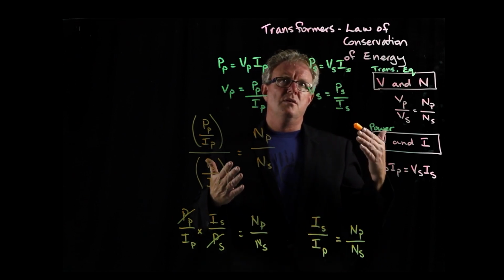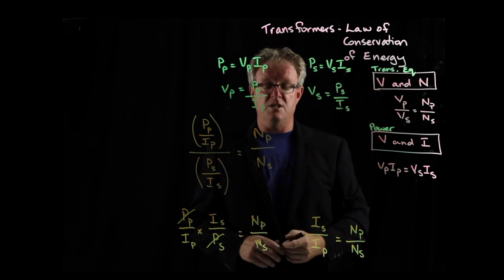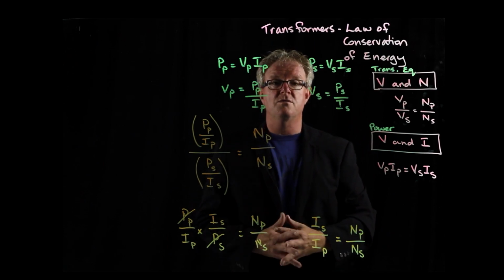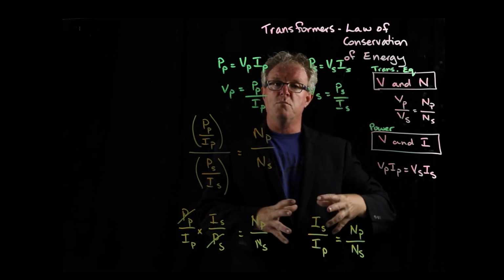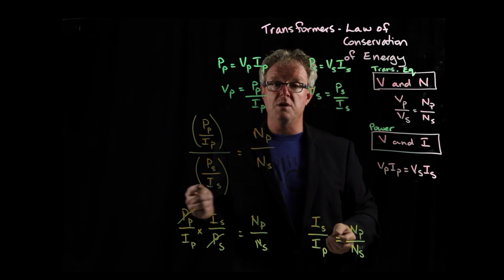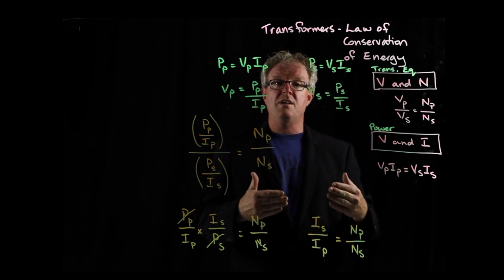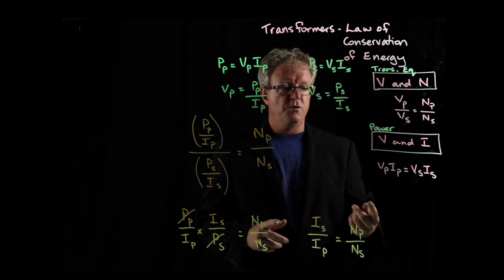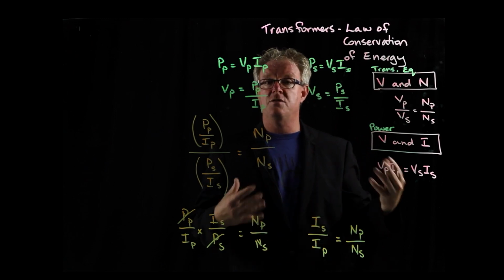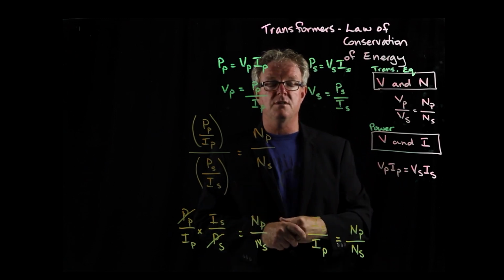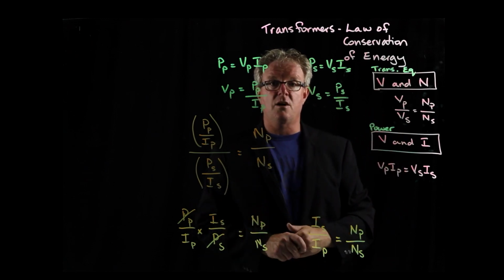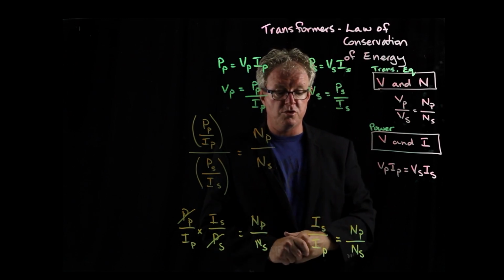And so this concept of conservation of energy is very, very important with transformers, because you can't get more energy out of a transformer than you put in. And so if you have a step up transformer, if you're increasing the voltage, then you have to have a trade-off. Something has to be given, and that's usually the decrease in current, because they're inversely proportional to each other.